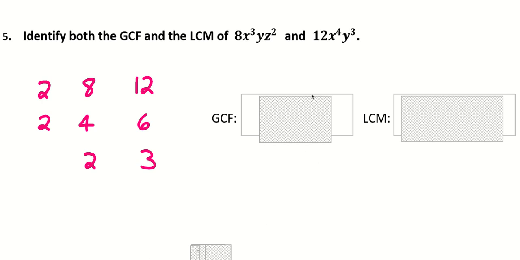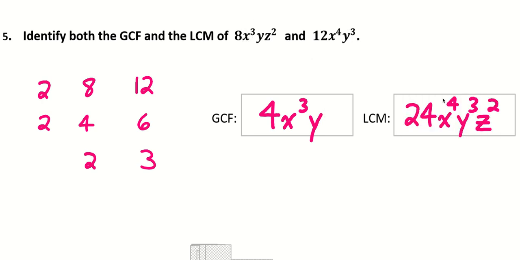Overall, the greatest common factor of 8 and 12, no matter how you figure it out, mentally or with some fancy method, is 4. For the rest, you go with the smallest exponent. But over here with the LCM, you go with the larger of the two exponents. The overall LCM of 8 and 12 is going to be 24. So those are the final answers for number 5.